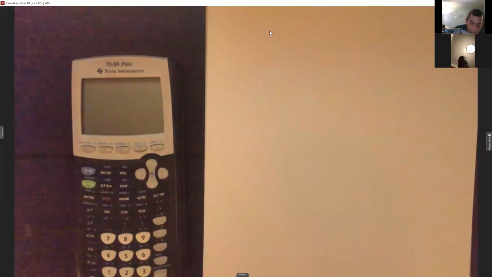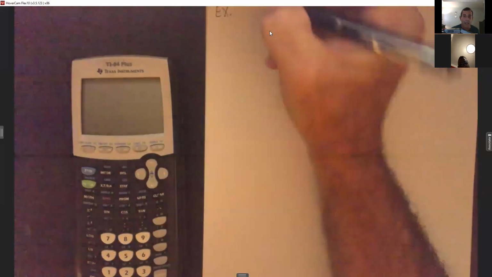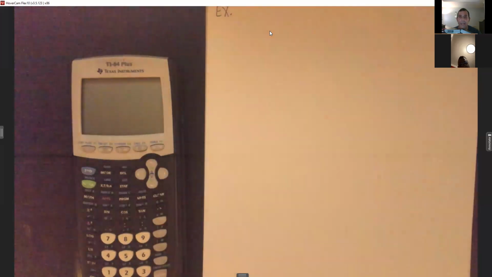All right, so I'm going to do this one where we start finding the mean, median, and mode. So let me write my numbers down.